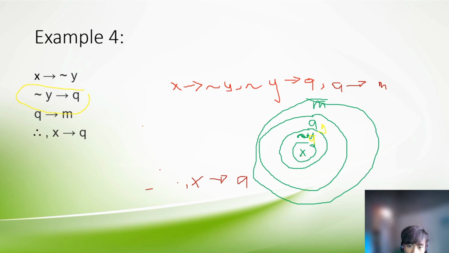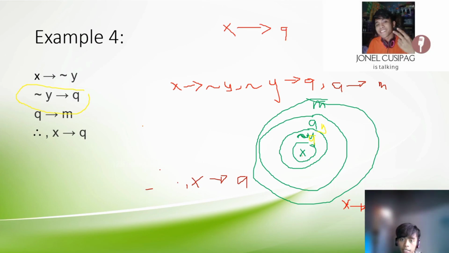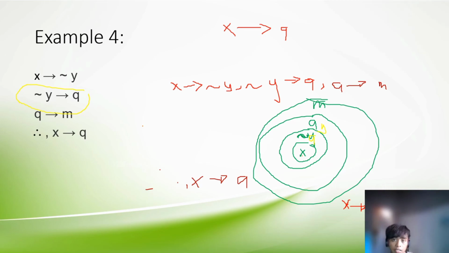Then we can say that X links to Q. So we can say that this argument is valid because X links to Q. I think that is the end of our discussion for today.